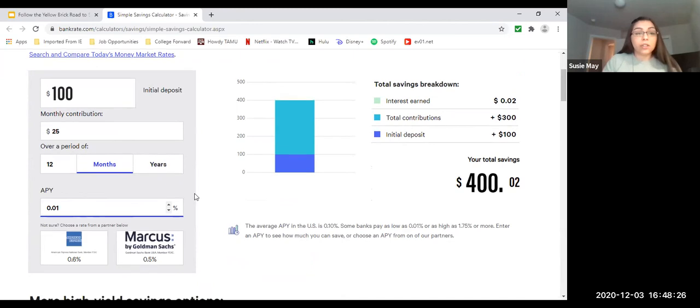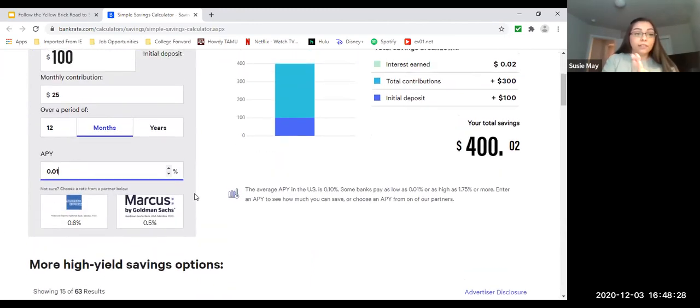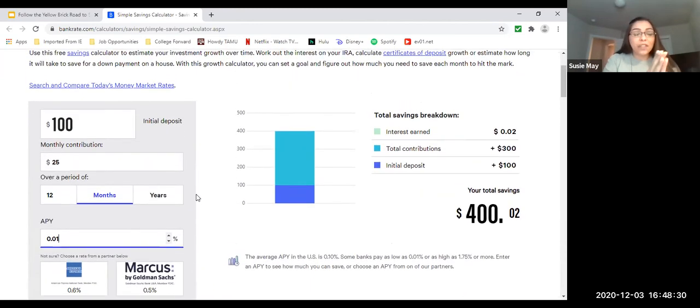Let's calculate. So over here on the other side, there you go. Over there on the right, it'll tell you exactly what's happening with my savings. All right, so the interest earned is 0.02. It's not all that much. The total contributions that I put towards my savings was $300.